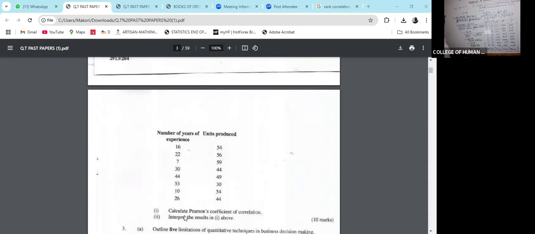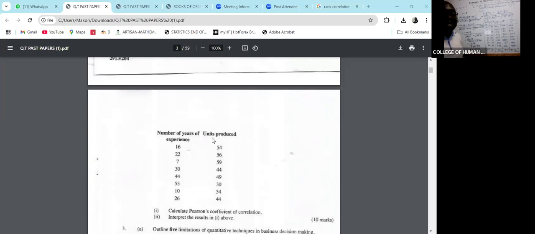And the interpretation here would be there is a high negative correlation between the number of years of experience and the units produced.